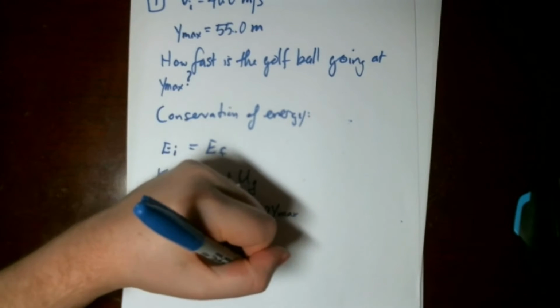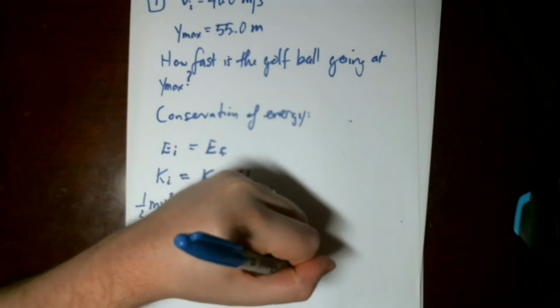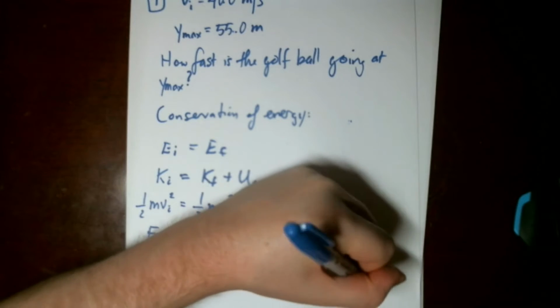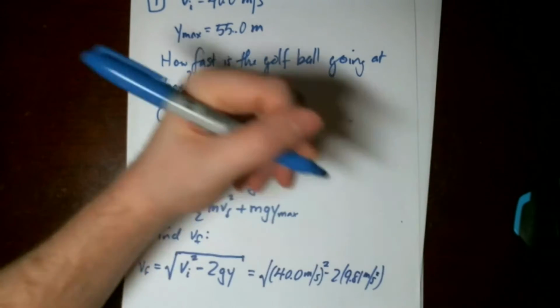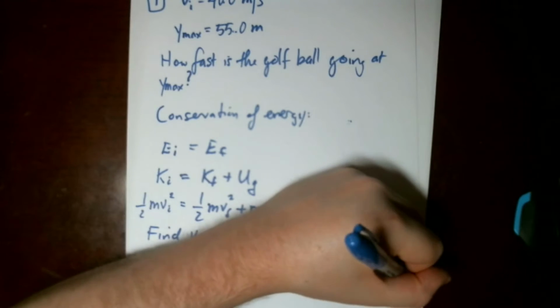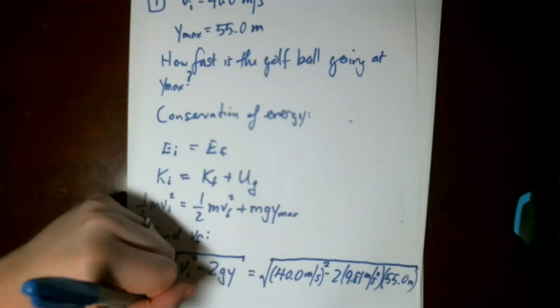So, substituting in, our initial velocity is 40 meters per second. Then we have minus 2 times g, which as always is 9.81 meters per second squared. And we have y max, which is 55 meters. And all that goes under a square root sign.